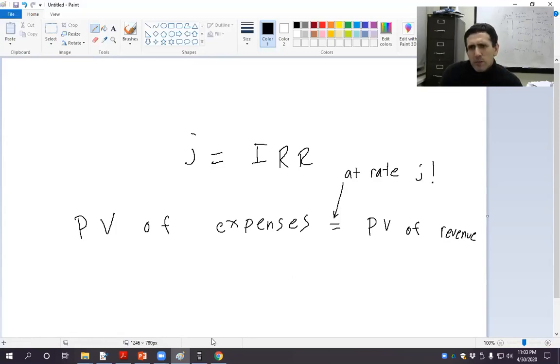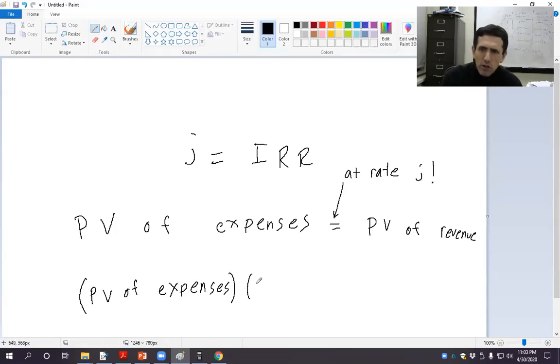Okay, so you can do something kind of silly here, and you can say present value of expenses times 1 plus J to the n. Well, multiply the present value of revenue times 1 plus J to the n, you get the future value of revenue.